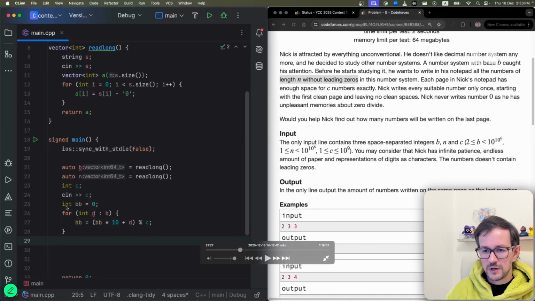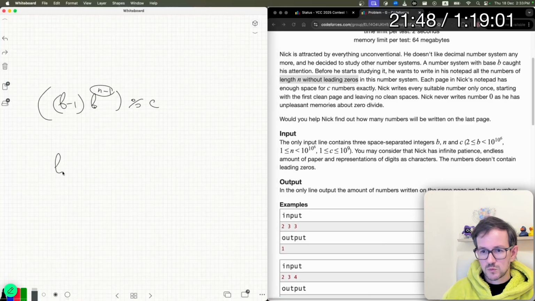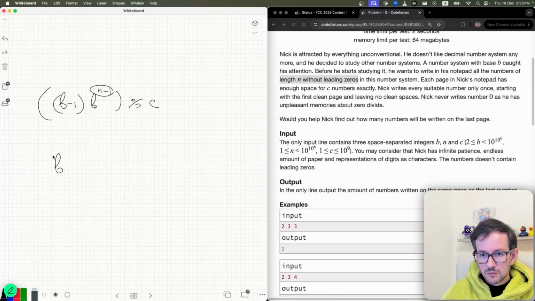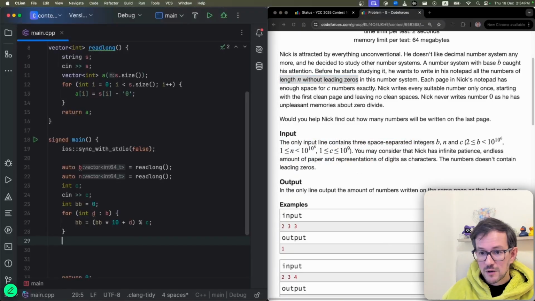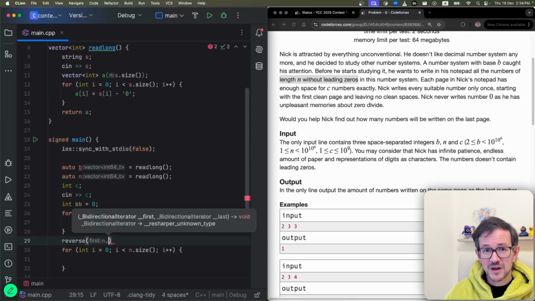Okay, so here I calculate the number b modulo c, just taking it digit by digit and calculating modulo c. Here you have to make n minus 1.